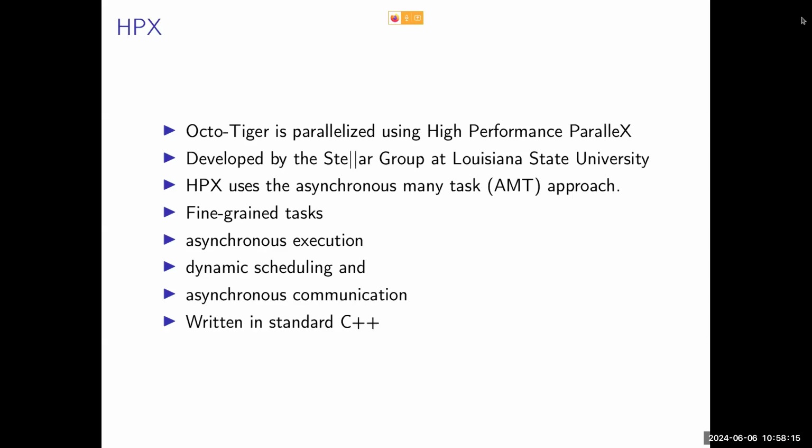Asynchronous communication, so you can have one task receive or send a message to another task without, you know, MPI is just more that with HPX works naturally, and it's written in standard C++.